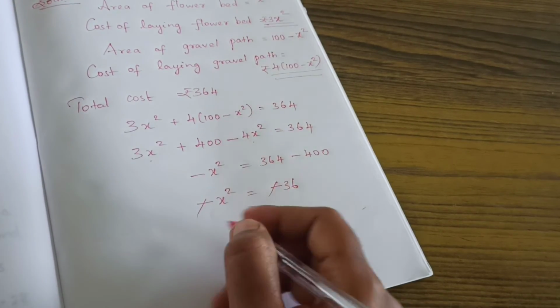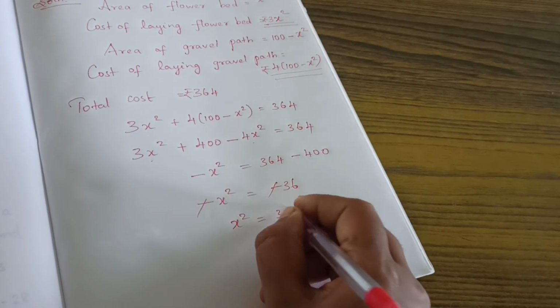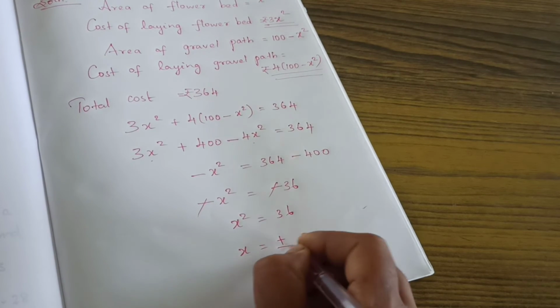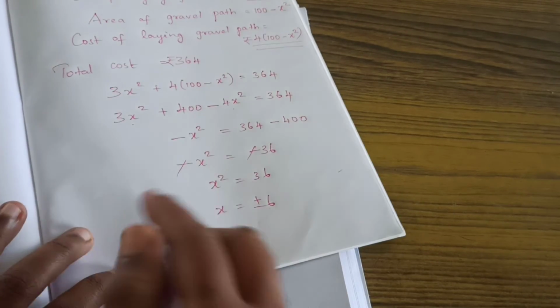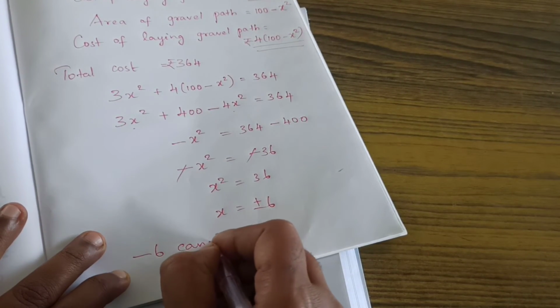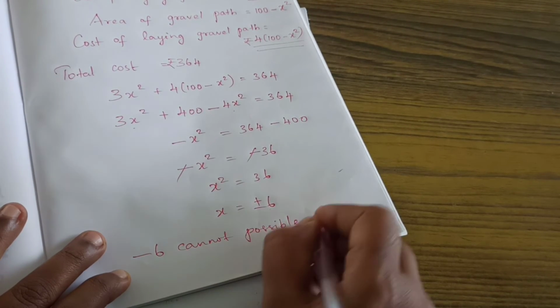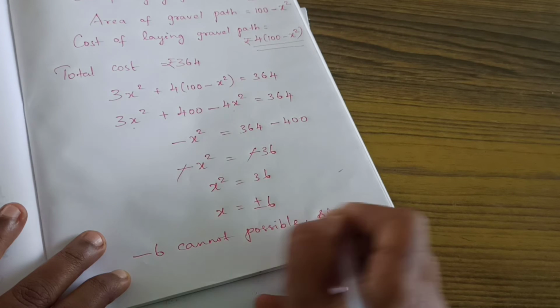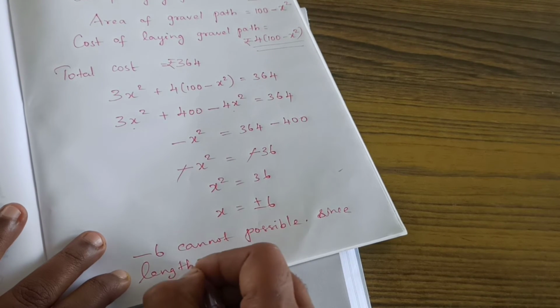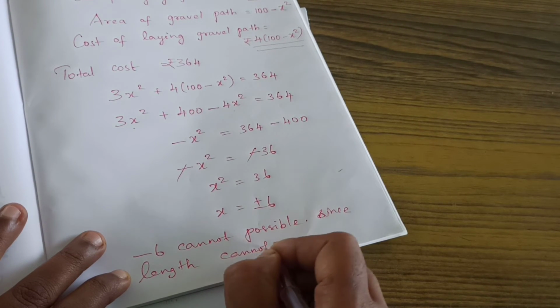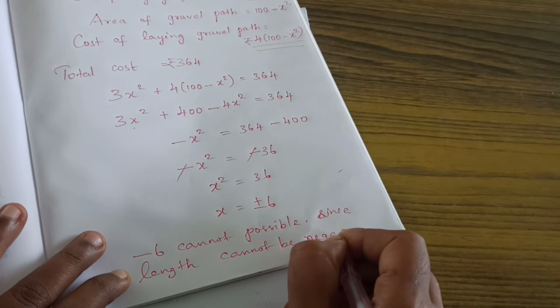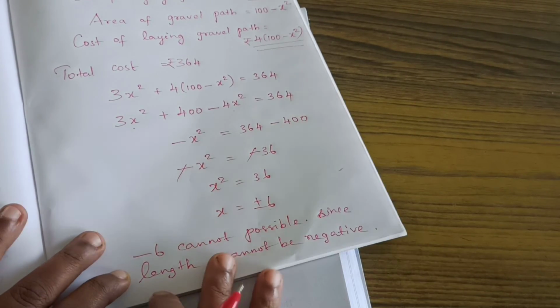Minus and minus get cancelled, so x square is equal to 36 and x equals plus or minus 6. Minus 6 is not possible because length cannot be negative.